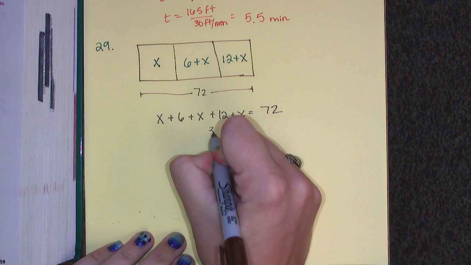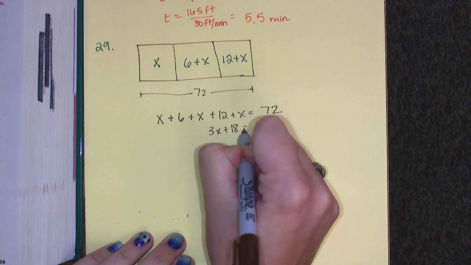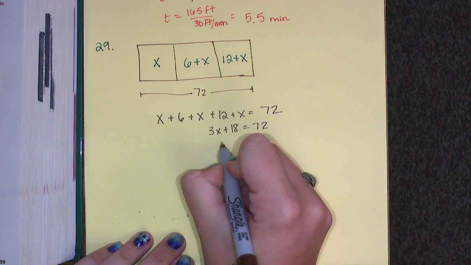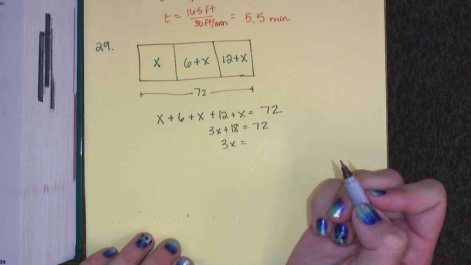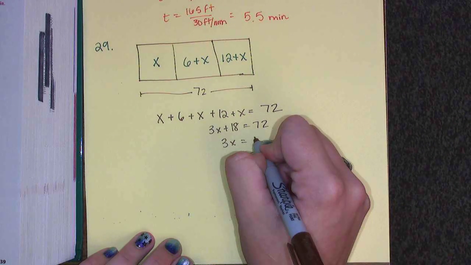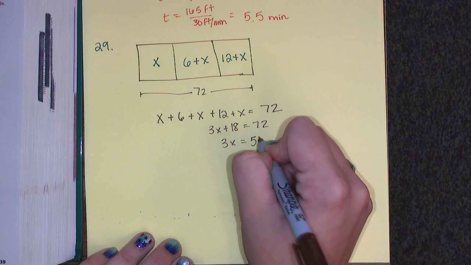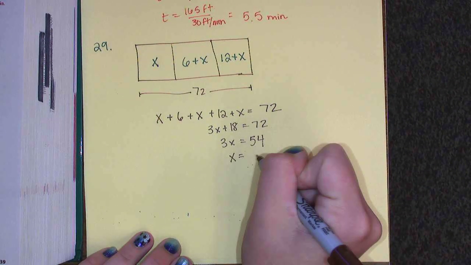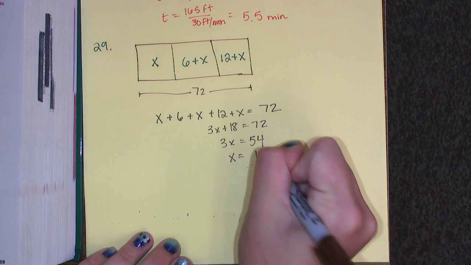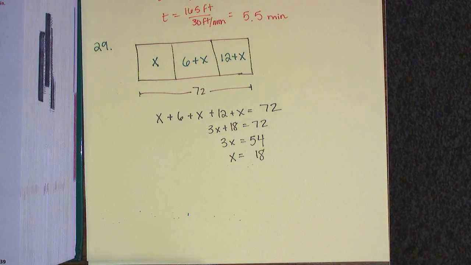So you have 3x plus 18 is equal to 72. 3x is equal to 72 minus 18. How much? 54. And then 54 divided by 3 is 18.